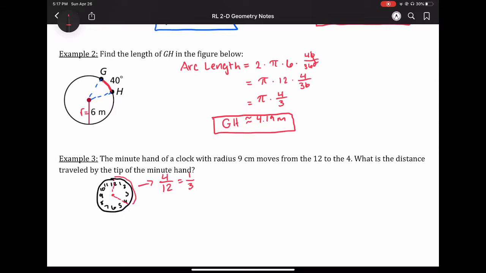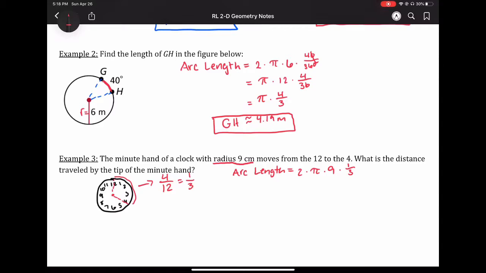We have the arc length formula: 2 times pi times the radius, which was 9 centimeters, times the fraction of the circle, which we found to be 1/3.